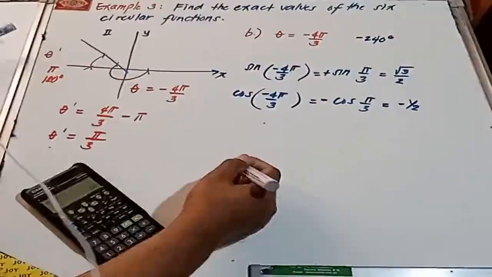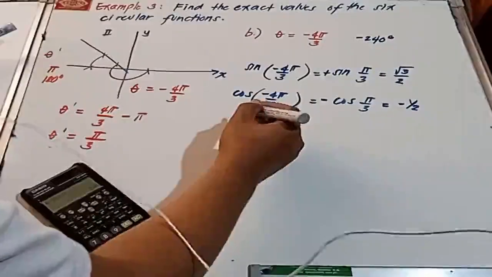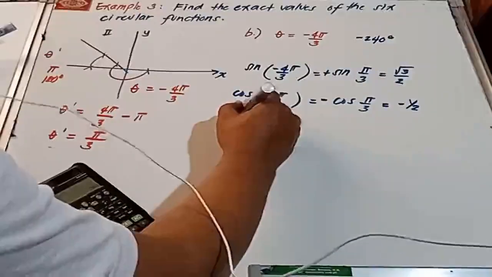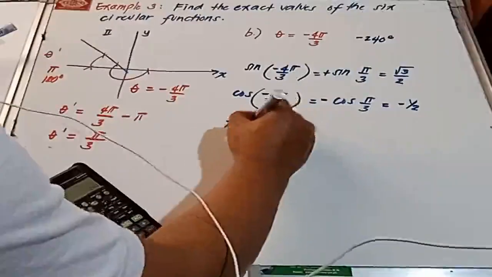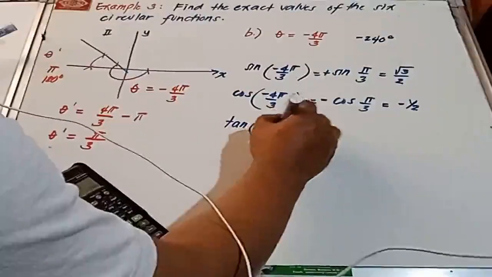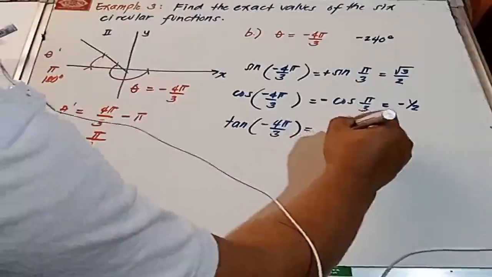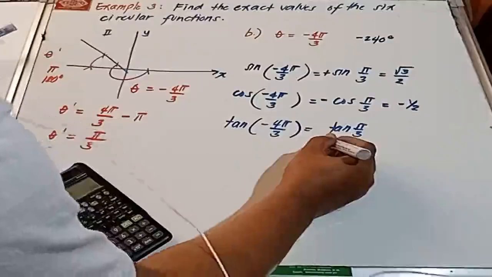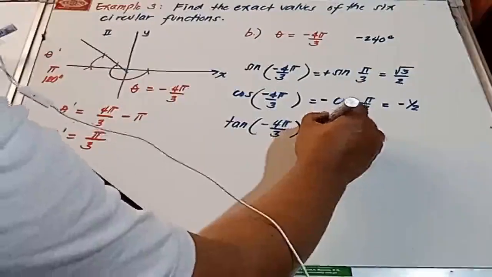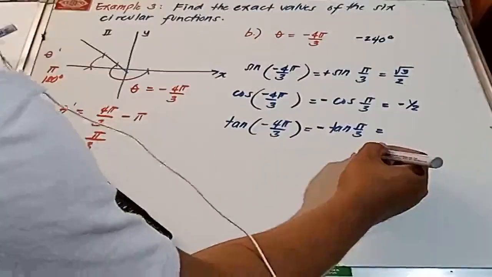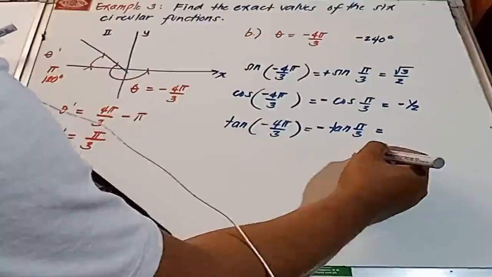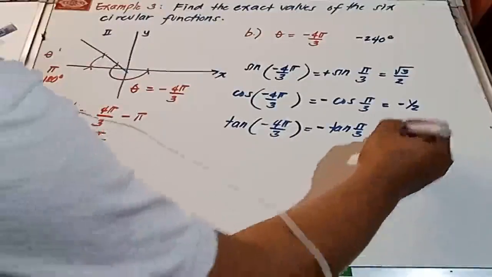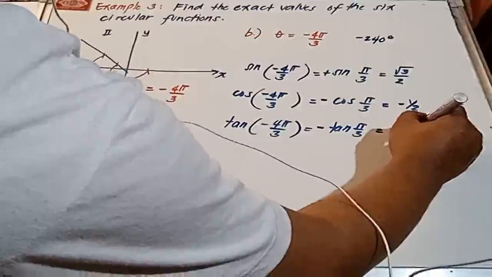But I'm going to give you exercises na hindi kayo gagamit ng scientific calculator. We have tangent negative 4 pi over 3. That is the same as tangent pi over 3. And tangent sa second quadrant is also negative. Tangent pi over 3 is square root of 3 lamang. So, negative square root of 3.